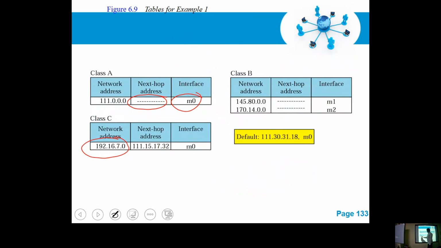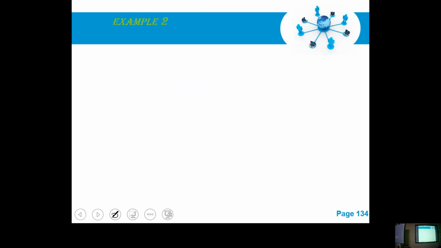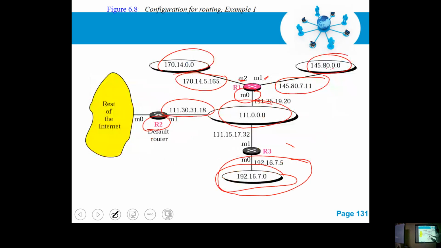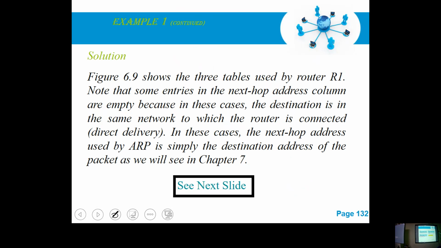To go to this network, this is the address of the next hop which I will be contacting. Default, this is the place where we will be giving. So if I have to go from here to here, we will be going to this router, and the address we are giving is this. So like that, we are writing this.